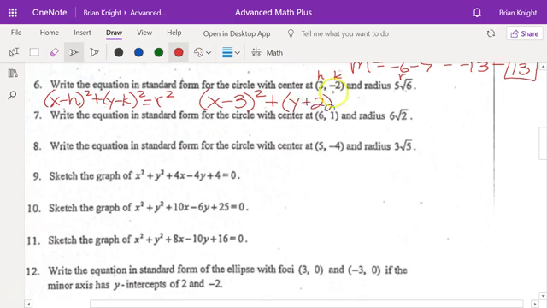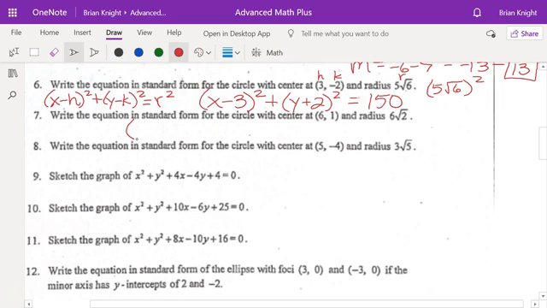Positive 2 equals, and then 5 square root of 6, what? Squared. 5 square root of 6 squared. That would be how you need to put it in your calculator for it to give you the right answer. It should be 25 times 6, which is 150. And that is all. Okay?